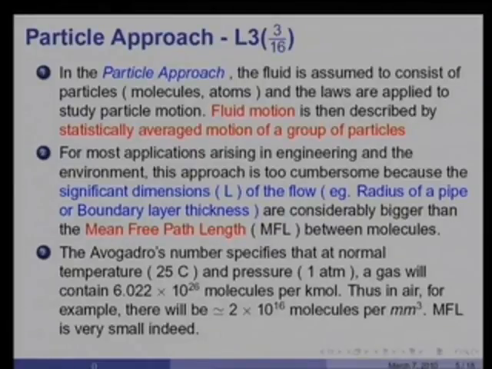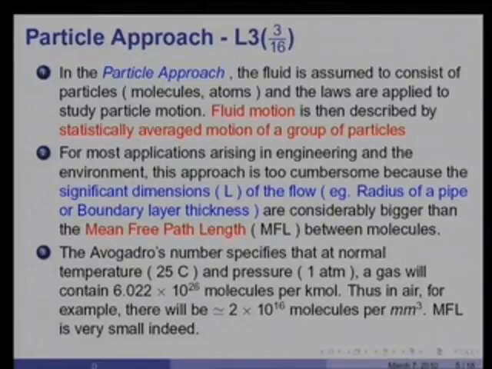To appreciate this, just consider something that you already know. For example, Avogadro's number specifies that at normal temperature of 25 degrees centigrade and pressure of 1 atmosphere, a gas will contain 6 into 10 raised to 26 molecules per kilomole. So, for example, air, which has a molecular weight of about 29 and density of about 1, it can easily be deduced that there will be 2 into 10 raised to 16 molecules per millimeter cube.